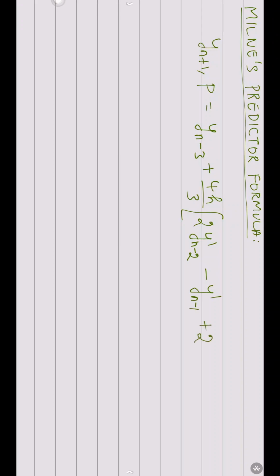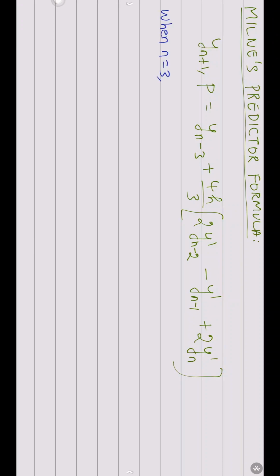Now, let's write Milne's predictor formula. The Milne's predictor formula is given by y of n plus 1, p equal to y of n minus 3 plus 4h by 3 into 2 times y of n minus 2 dash minus y of n minus 1 dash plus 2 times y of n dash.